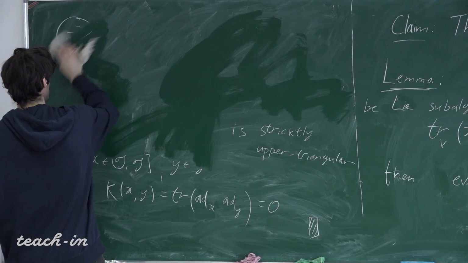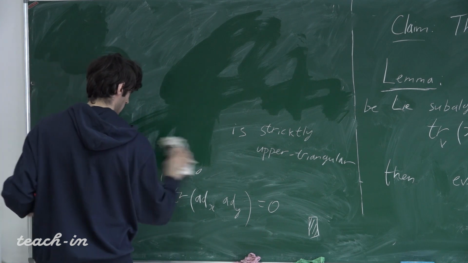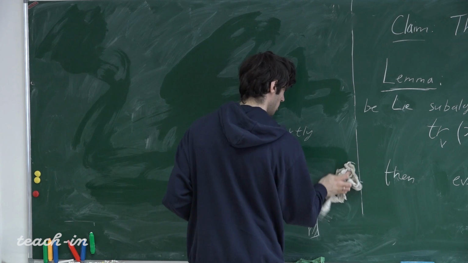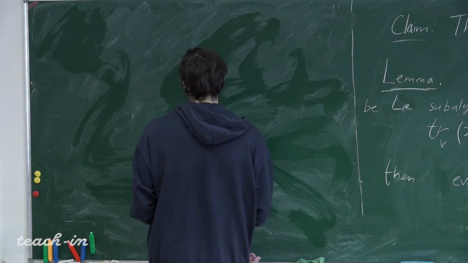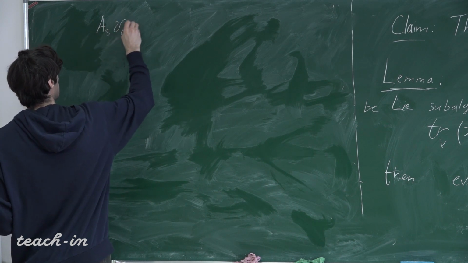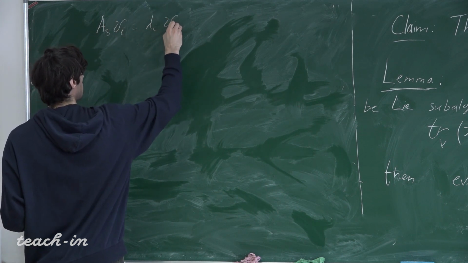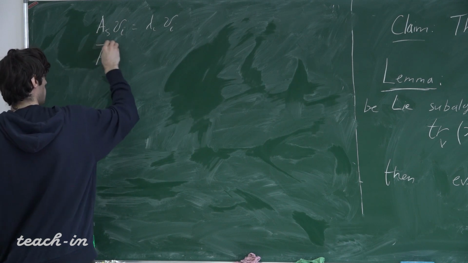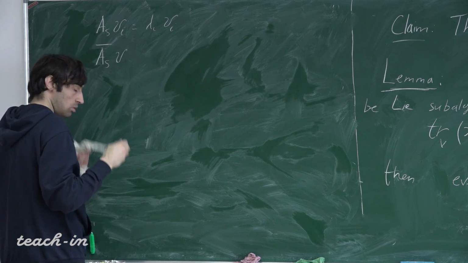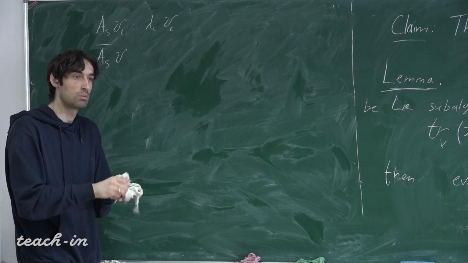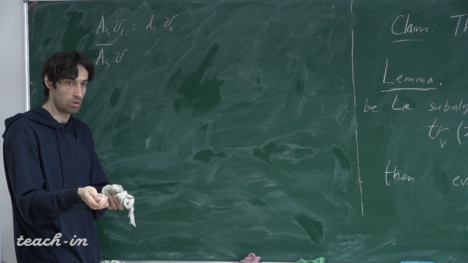So how do I define AS bar? I have AS vi equals lambda i vi, but then I define AS bar to also be diagonalizable, with the same eigenvectors, but eigenvalues are complex conjugates.